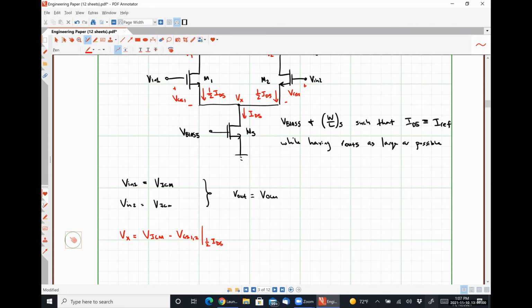So if we were to decrease our common mode voltage, then obviously Vx decreases as well, up to a point where the gate voltage is exactly one threshold voltage above that quantity Vx, right? Which is where the edge of saturation occurs. If we go beyond that point, we push transistor M5 out of the saturation region.